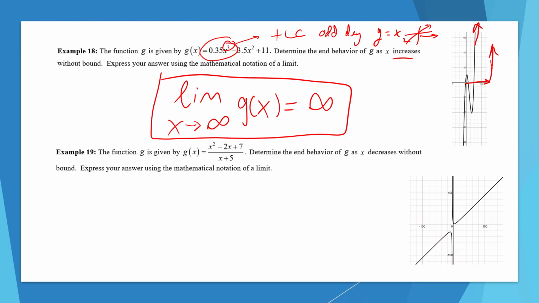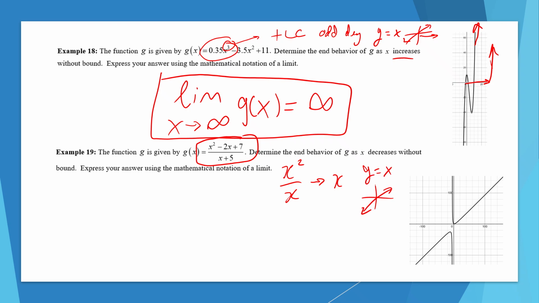For example 19, here we have a rational function. Taking a look there, we have a top-heavy function because our leading terms are x squared and x. Because it's top heavy, we're going to simplify it to just x, and then the end behavior of this polynomial is like y equals x.